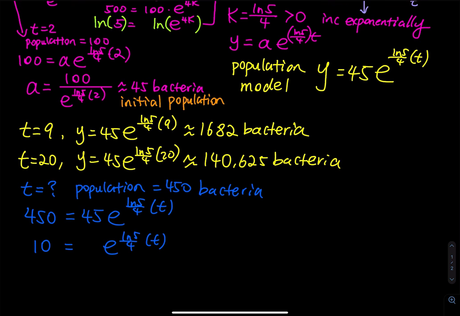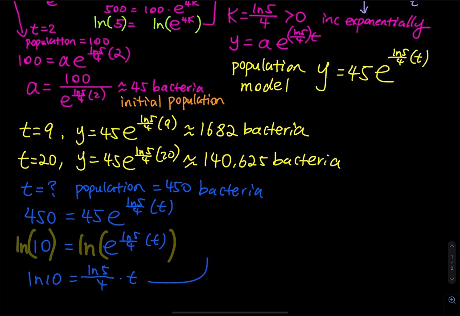And then you take ln of both sides, which brings the exponent down. So we have ln10 equals ln5 divided by 4 times t, and as a result, ln e is equal to 1. So t is equal to ln10 divided by ln5, and then the whole thing divided by 4.